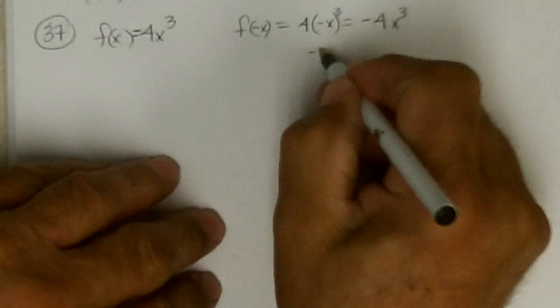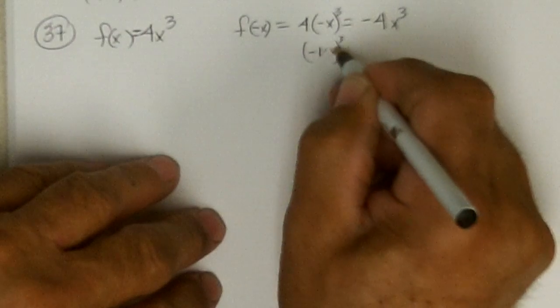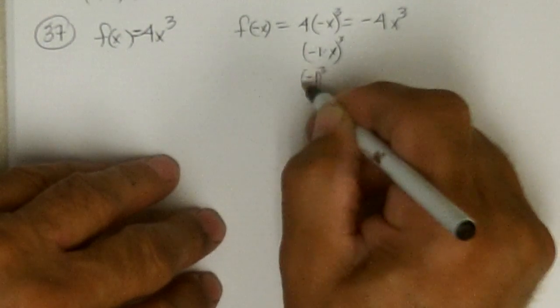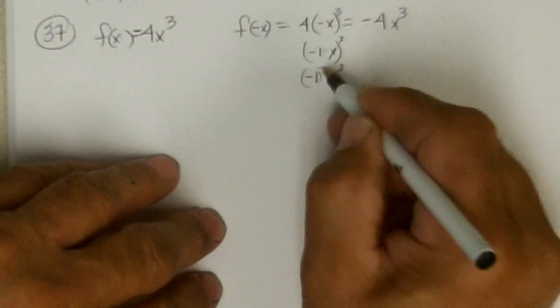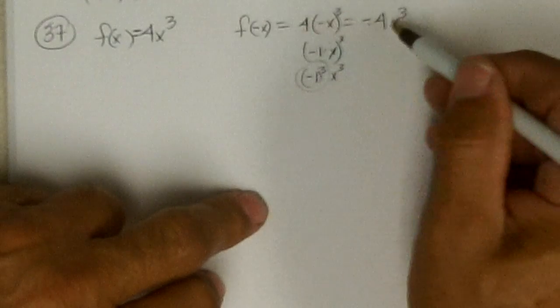Because this is -1 times x to the third, when they're multiplied, we can send the power in, so it would be -1 to the third and x to the third, and -1 to the third is still -1. So -1 times the 4 is -4.